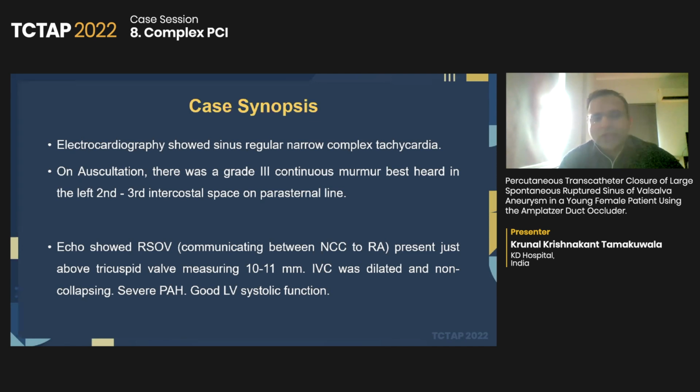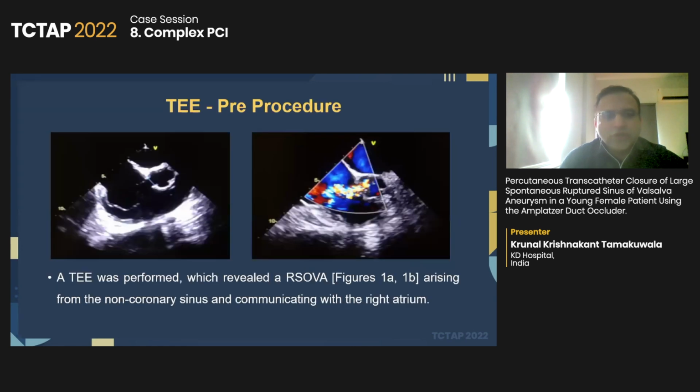According to the classification of RSOV, it was class 3A. IVC was dilated and non-collapsing. Severe PH was there, and she had good LV systolic function. So a TEE was performed, which revealed RSOV arising from the non-coronary cusp sinus and communicating with the right atrium.